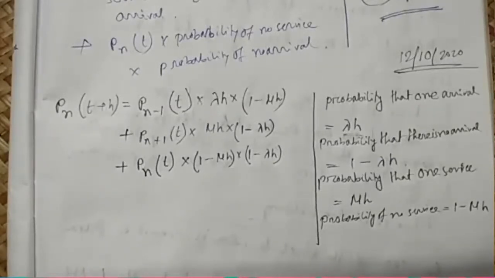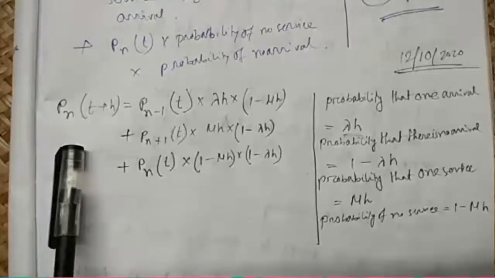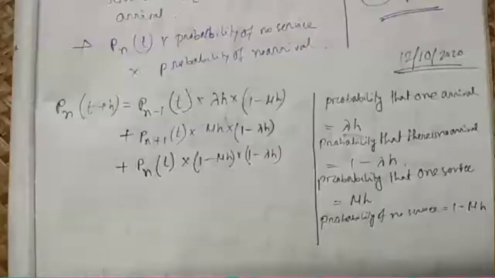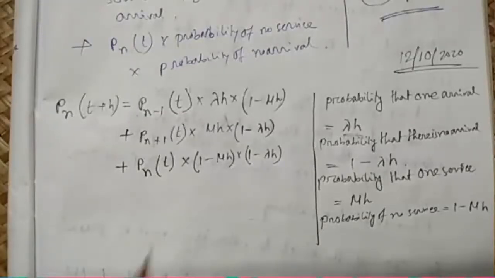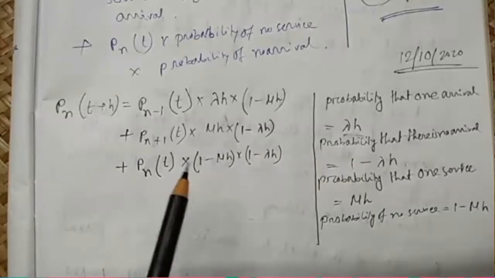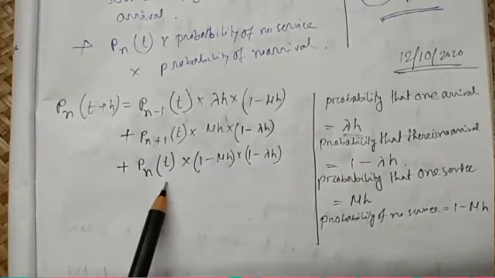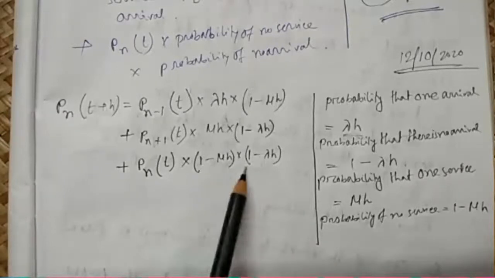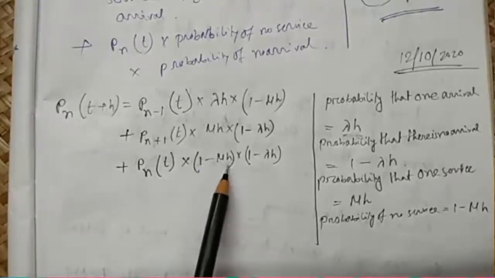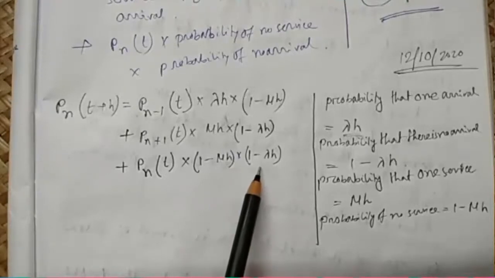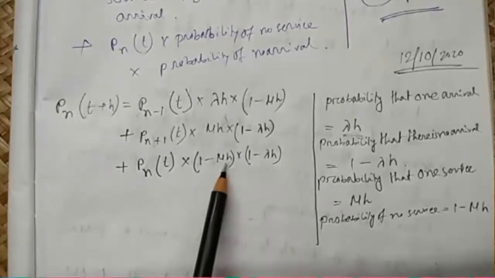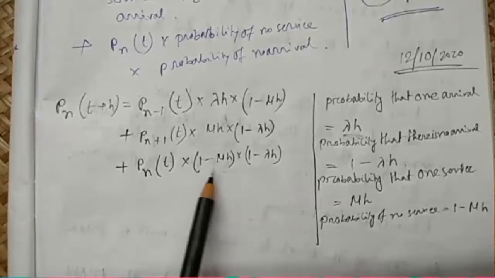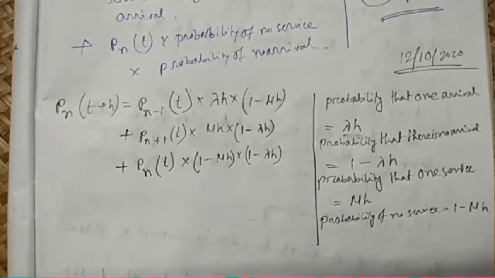Let us see what we find. Here we get Pn at time t plus h, and here we get Pn at time t. Now here there is 1 into 1, that is 1, one term of mu h, one term of lambda h, and a higher order term lambda into mu into h square. That h square term is a higher order term and will be neglected.